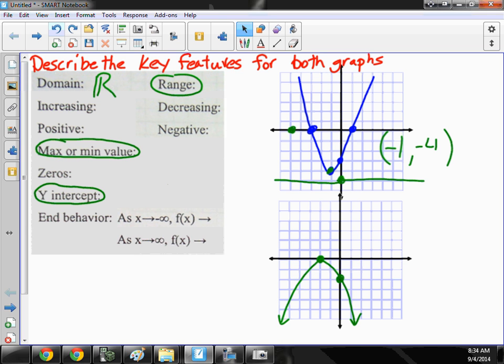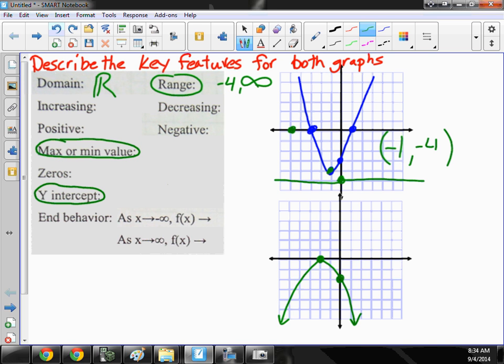So to write the range, we have to think about the lowest possible value. What is the lowest possible y value? -4. So -4. What is the highest possible y value? Infinity. Is -4 included?